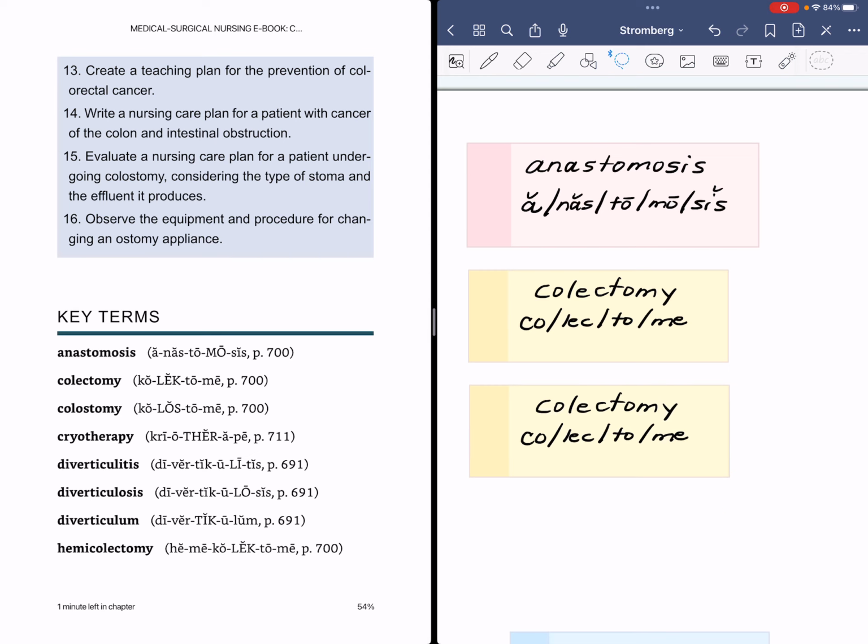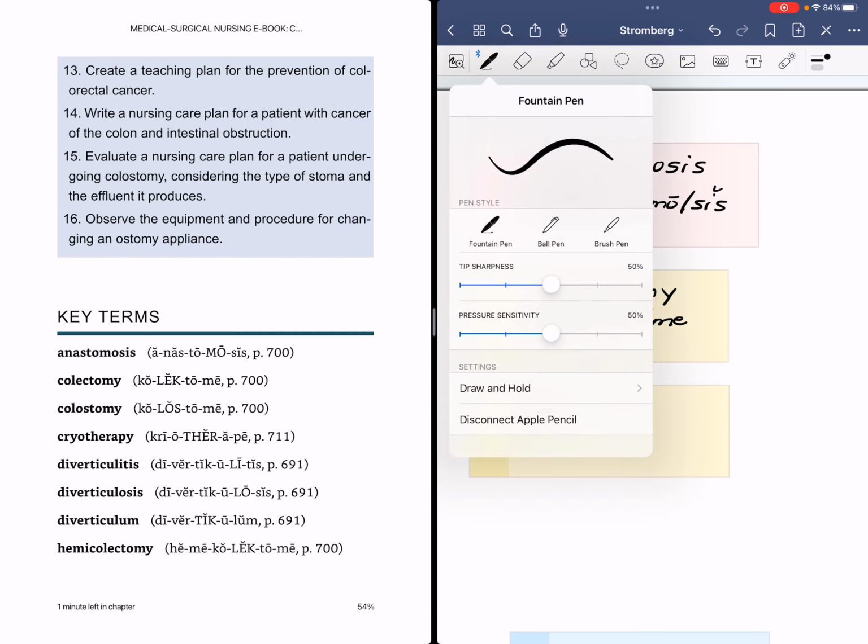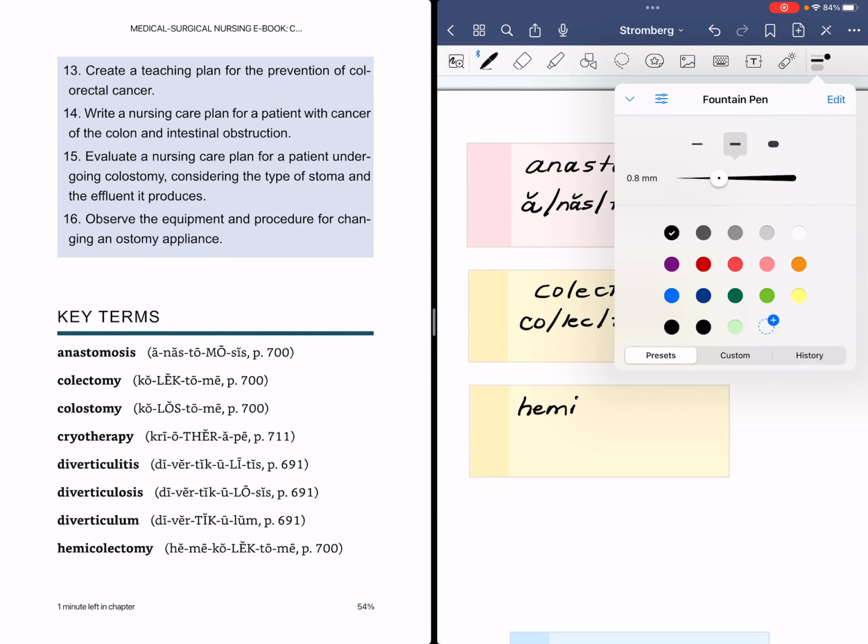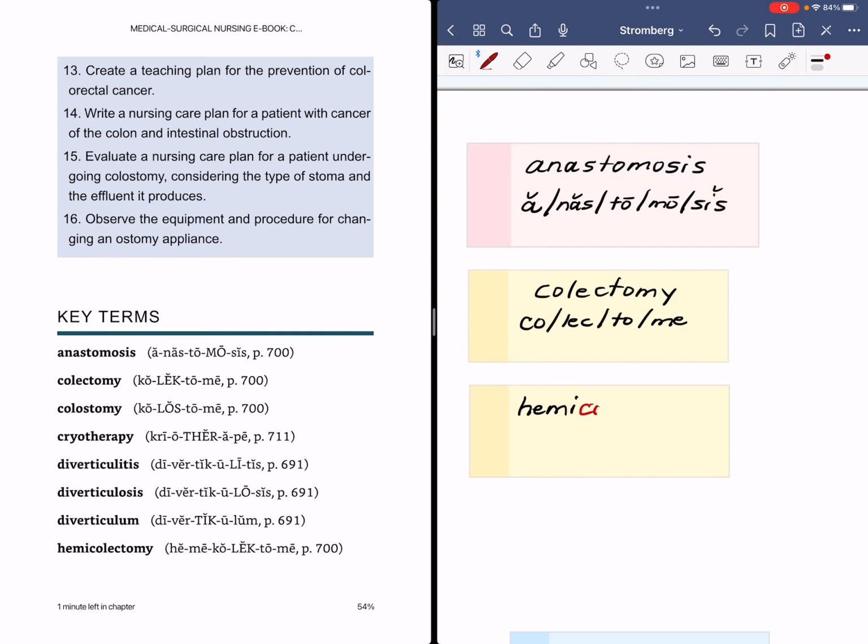hemicolectomy. So let me just start over here. But I know from living life that hemi means half. Hemispheres, half of the earth. The brain is divided into hemispheres or halves. And then I also can see that that word colectomy that I just broke down is used again right here.